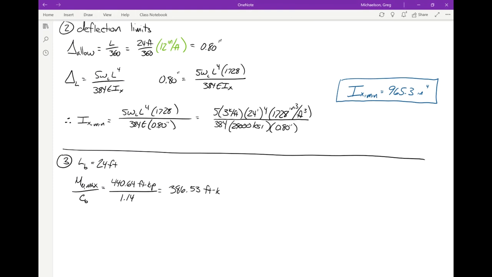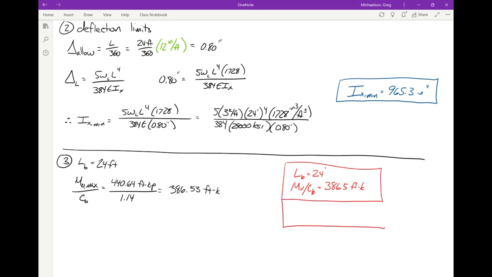So here's what I want. LB is 24 feet. MU over CB is 386.5. Try a W what?